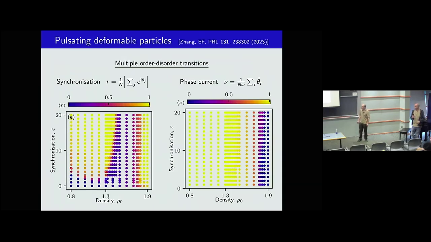Something we hope also to achieve is to think about control, which is, for instance, if you are in one of these phases, can you go to the other one in finite time? You know, for an equilibrium system, the best way to do so is always to drive as slowly as possible. For an active system, this is clearly a bad strategy, because if you wait long, you dissipate a lot, right? So you see clearly that if you plot your optimization function of time, if you are too slow, you dissipate a lot.